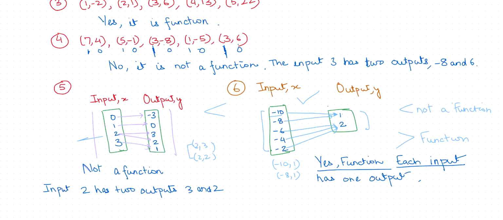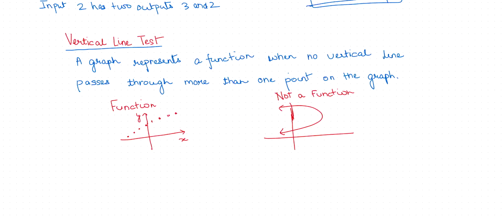Now we'll see the graphs, and from the graphs we'll see if we can find whether it is a function or not. When a graph is given, we can use the vertical line test to see if the graph represents a function.